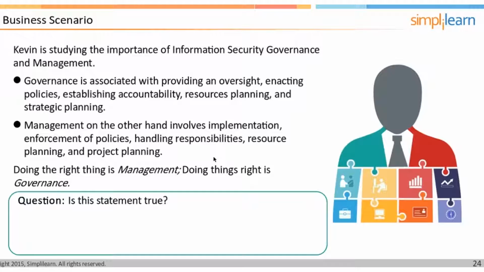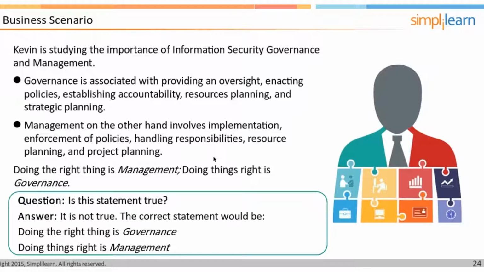Doing the right things, what needs to be done, is that management? And doing things right, whatever we're doing correctly, that is governance. Is that correct? I think it should be the other way around. So yes, this is not a true statement.